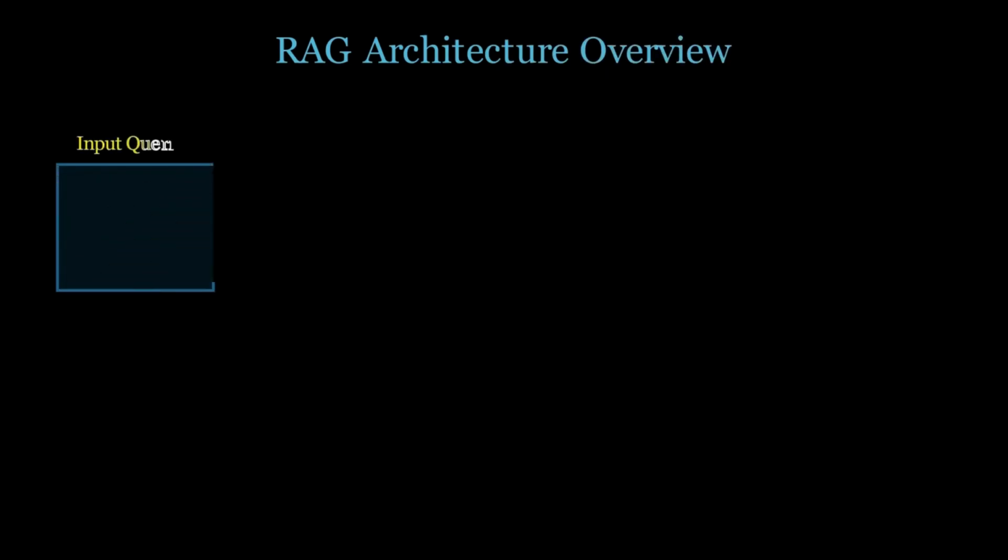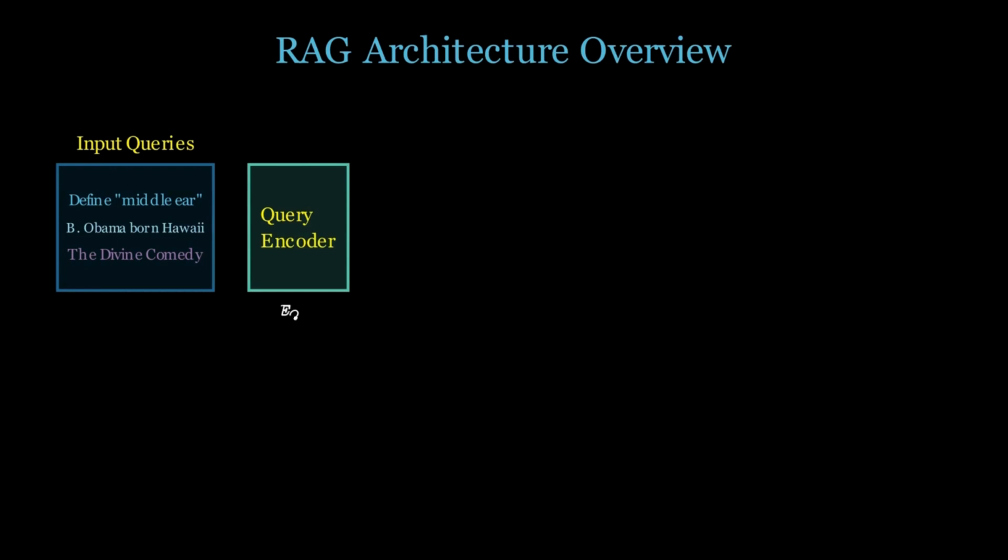RAG architecture overview. First, a user inputs a query, for example, a question about a recent news event or a technical concept. That query is then sent into a query encoder, which transforms the raw input into a dense vector representation. Mathematically, we denote this as E sub q of x.